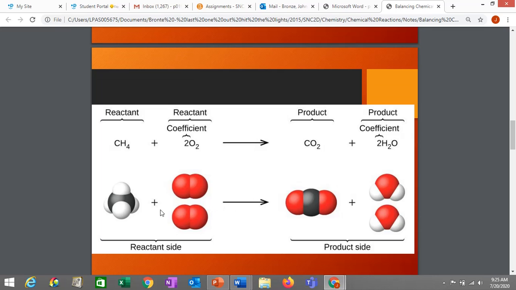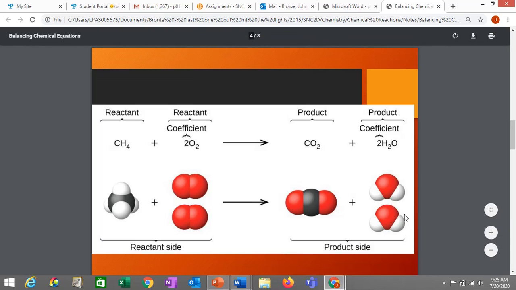So again, if you imagine that this is not here and this is not here, then you'd have 2 reds becoming 3 reds. So in order to make this make sense, you have to say, okay, well, I'm going to have 2 of those and 2 of those. So now we have 1, 2, 3, 4 reds on this side and 1, 2, 3, 4 reds on that side. So when you're putting coefficients in front, what you're doing is making sure that however many atoms you have on the left side, you have on the right side and of the same type.